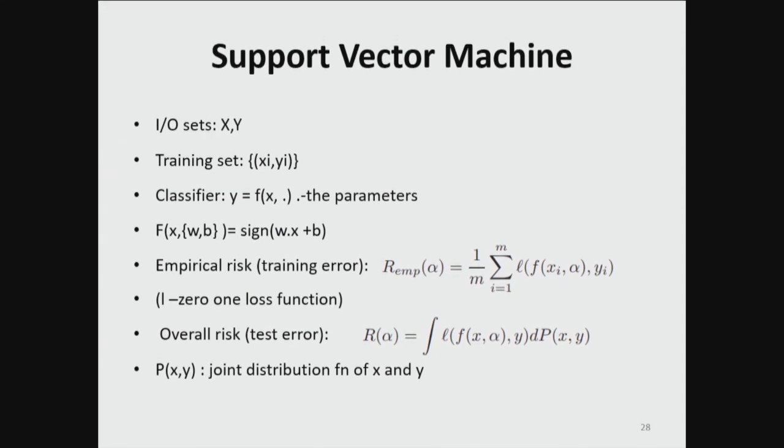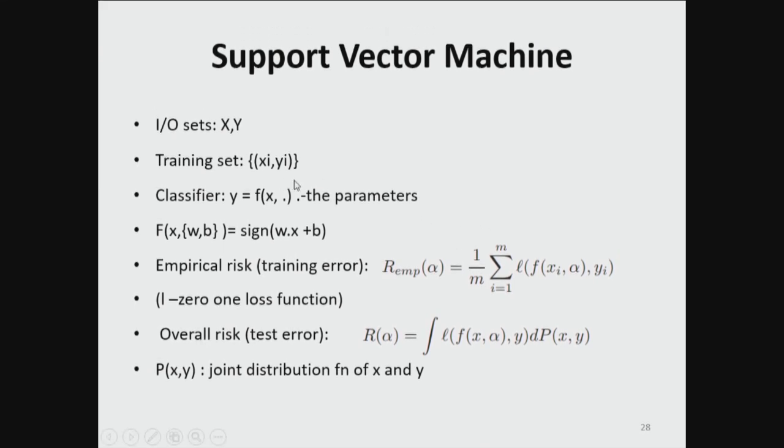Then what are the inputs? We denote X as the input set and Y as the output set, and for ease we assume that y consists of only two values, belonging either to class 0 or class 1. It is a binary separation.